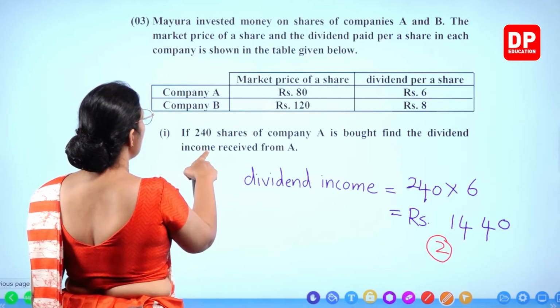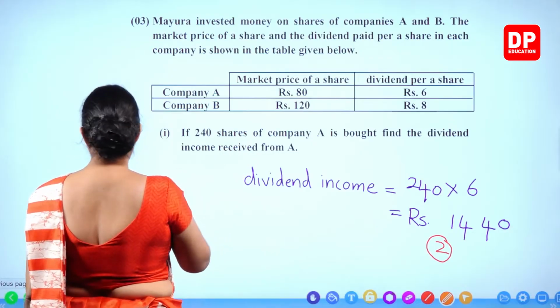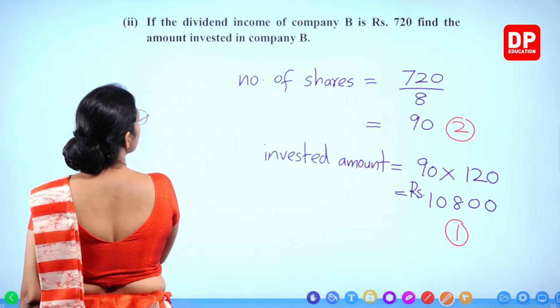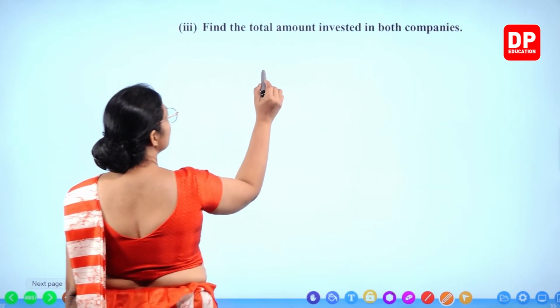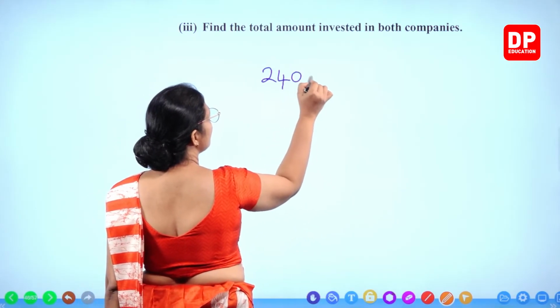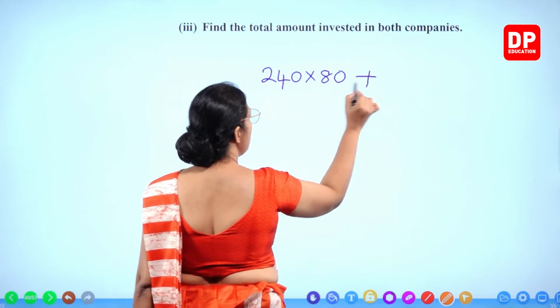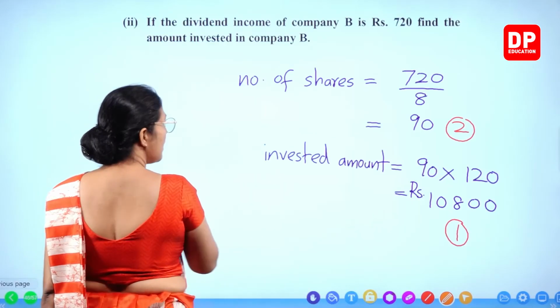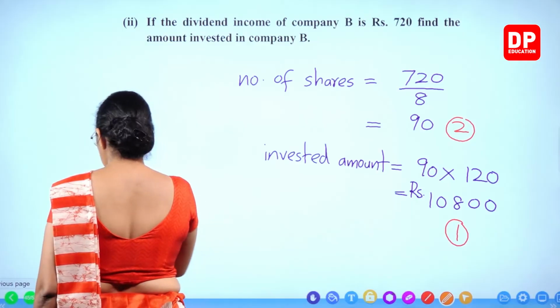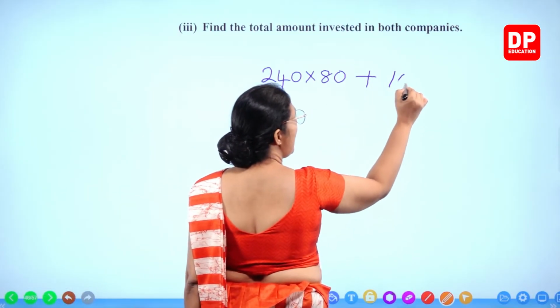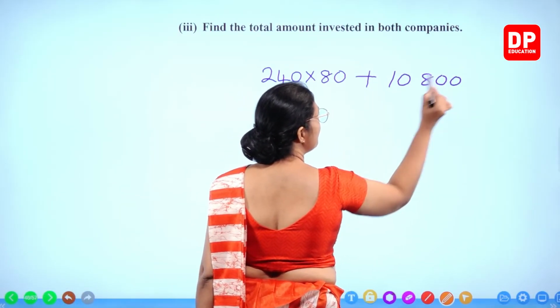So, 240 into 80. That's from company A. And company B's invested amount is 10,800. You can add those two together.